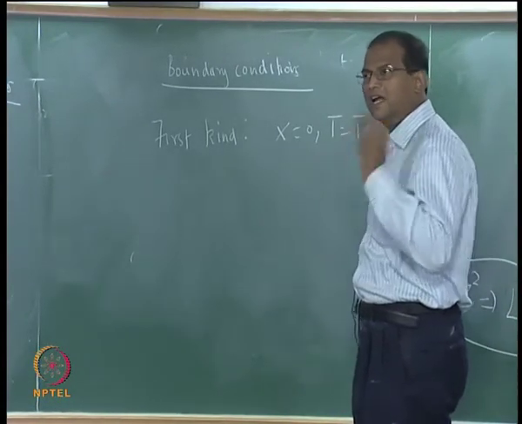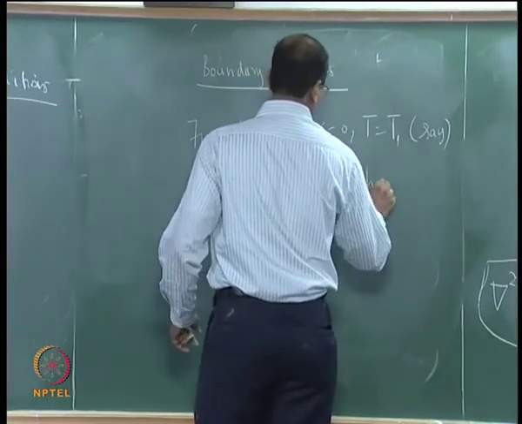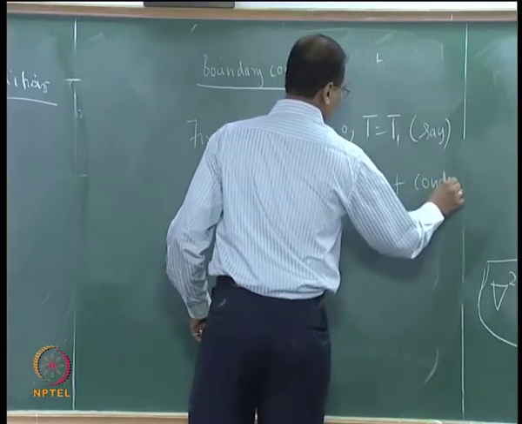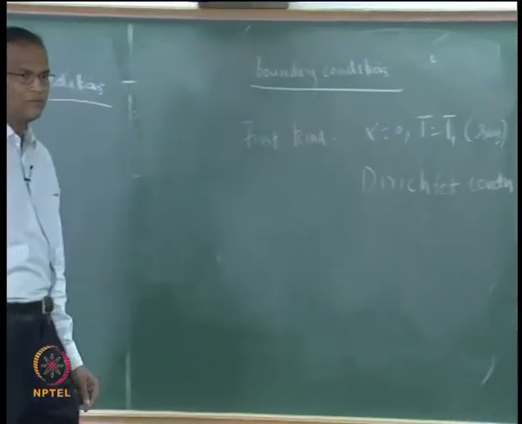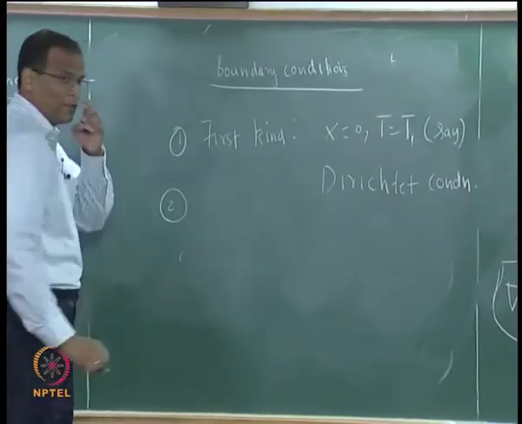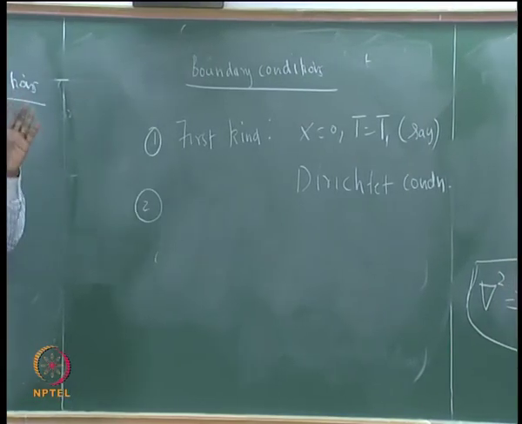This is called the Dirichlet condition, okay. You specify the variable directly. Second kind, you specify the information on the derivative of the variable, okay.